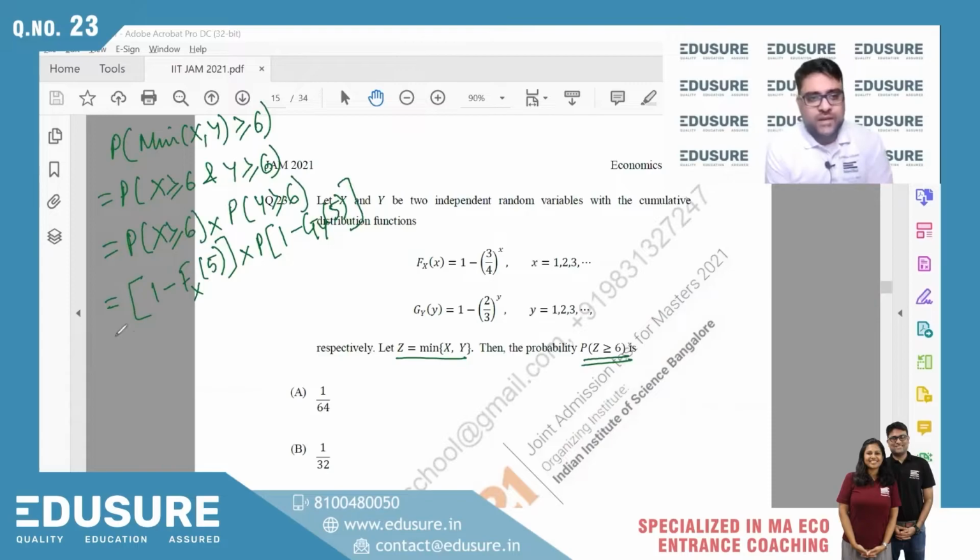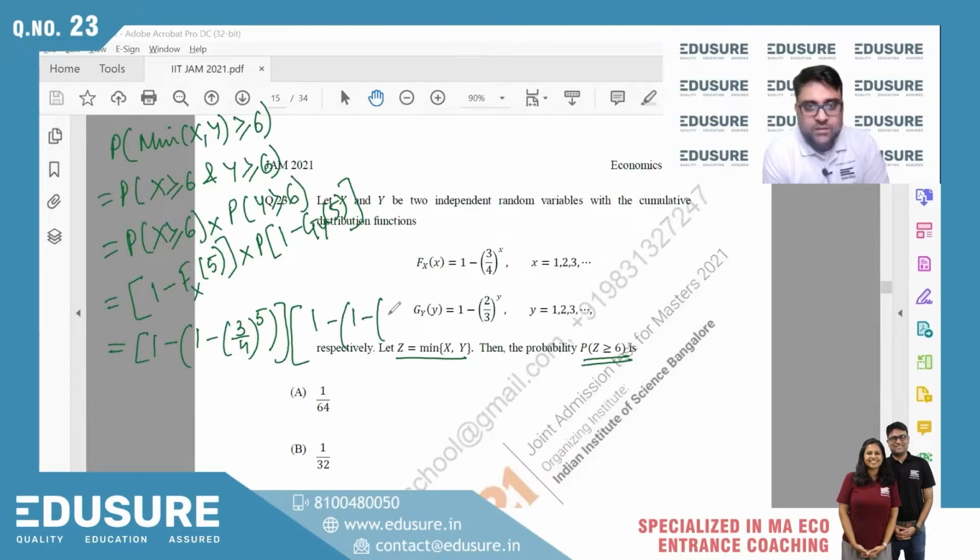Okay, so if this is the case, what will F x of 5 be? 1 minus 3/4 to the power 5, and this will be 1 minus 2/3 to the power 5. Obviously the 1 and 1 cancel, minus minus becomes plus. So 3 to the power 5 by 4 to the power 5 into 2 to the power 5 by 3 to the power 5.